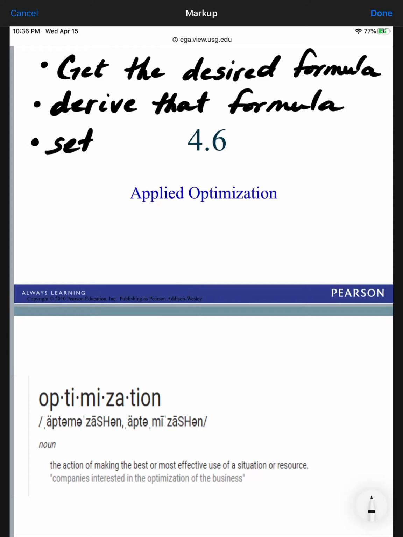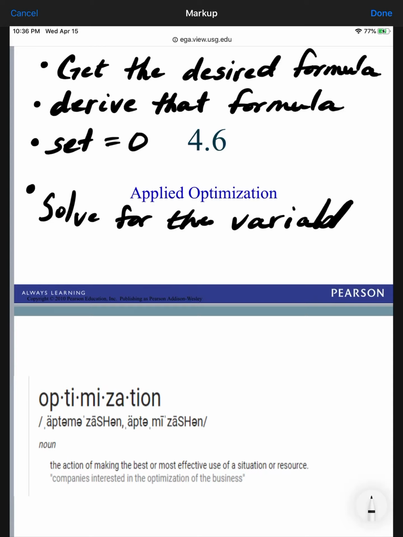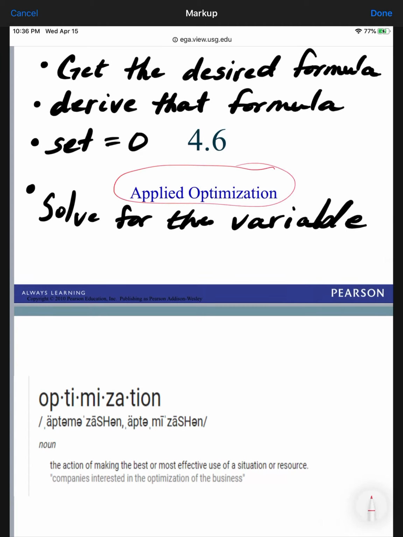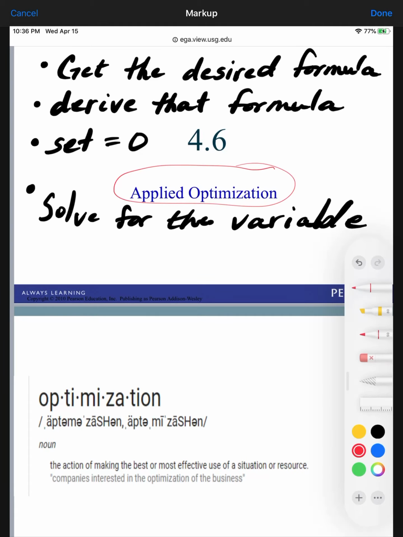Set equal to 0, and solve for the variable. That, my friends, is applied optimization in a nutshell. Alright, let's jump into an example so I can prove to you my simple truth.